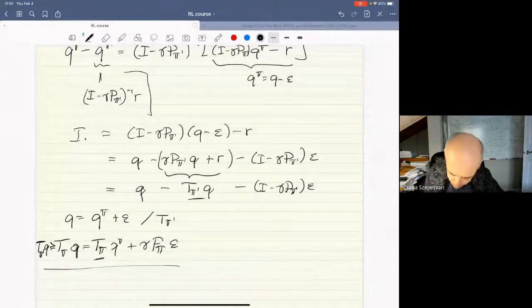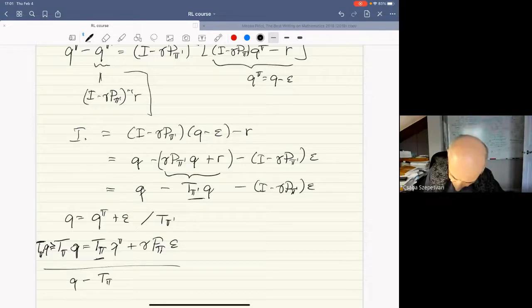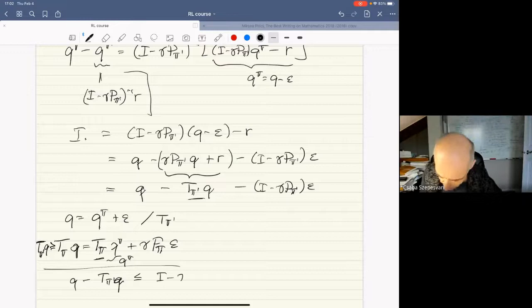So if you subtract the two sides, you're subtracting something smaller, and you get something bigger. And P of pi Q pi is just Q pi, so that cancels the first term. So this whole term becomes I minus gamma P of pi and epsilon.